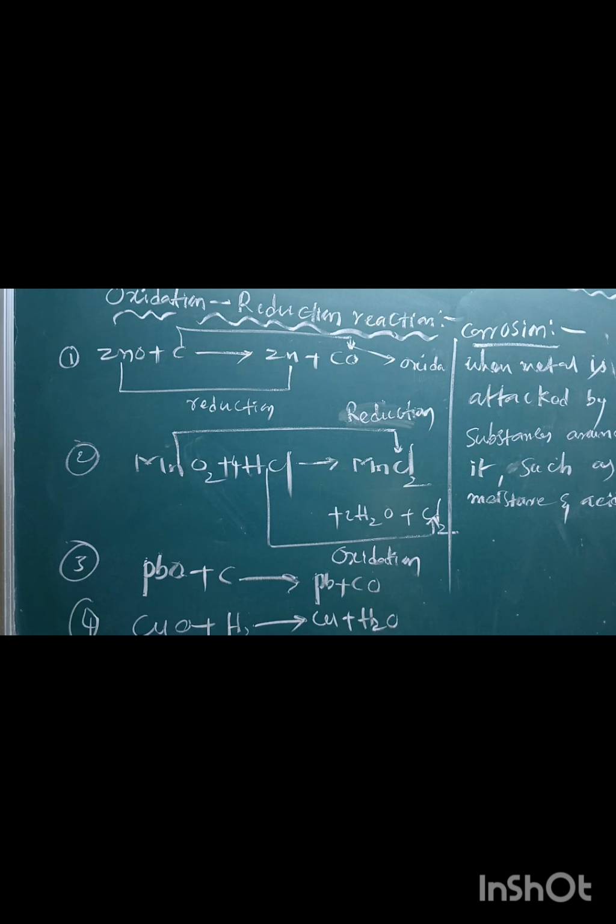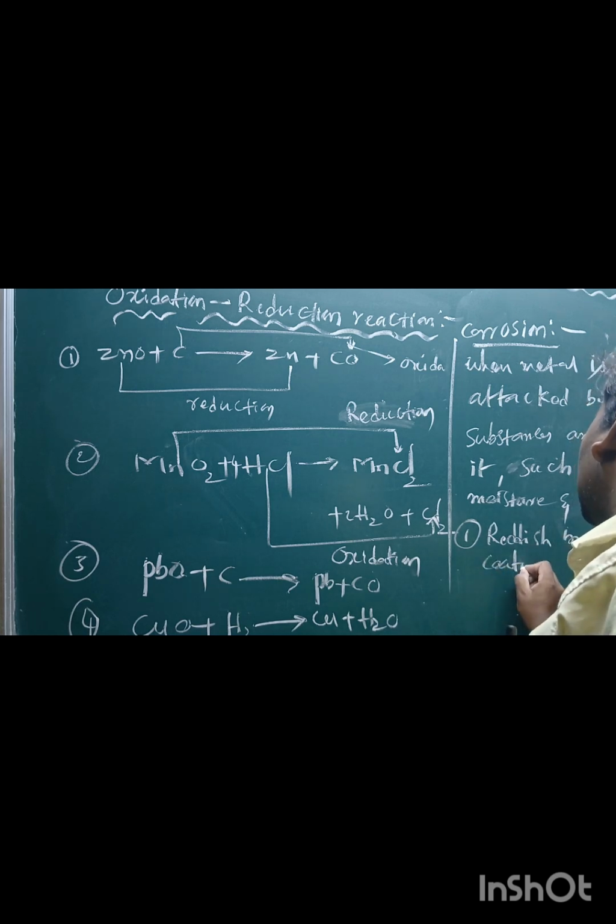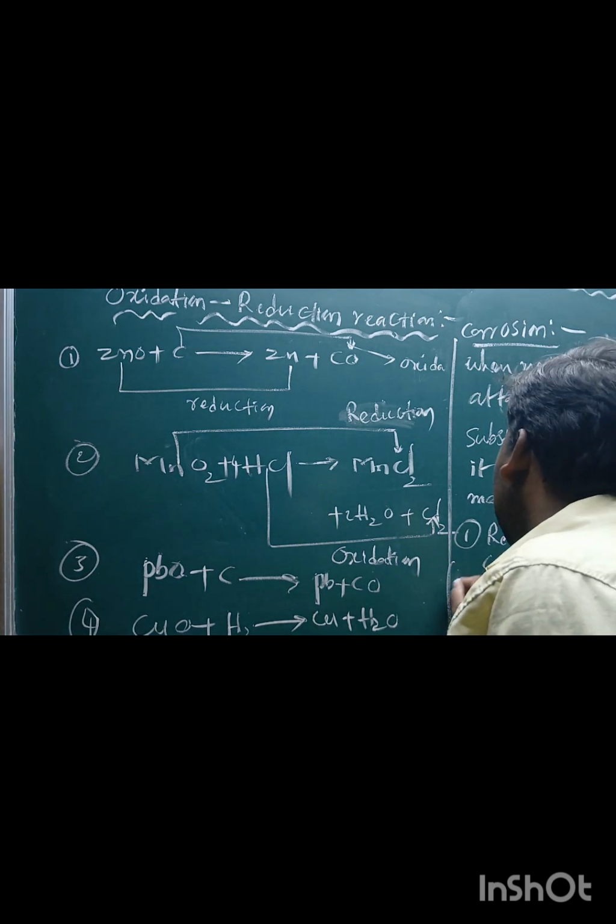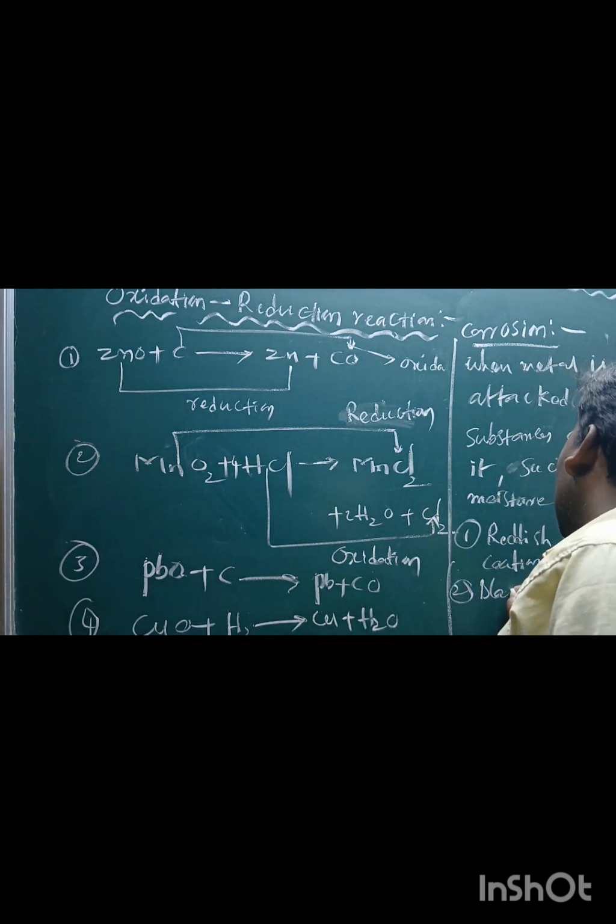Example for corrosion: a reddish brown coating on iron. Second one, a black coating on silver.